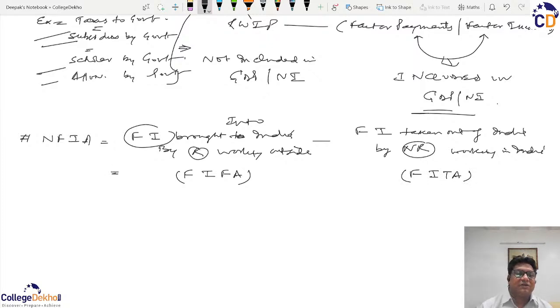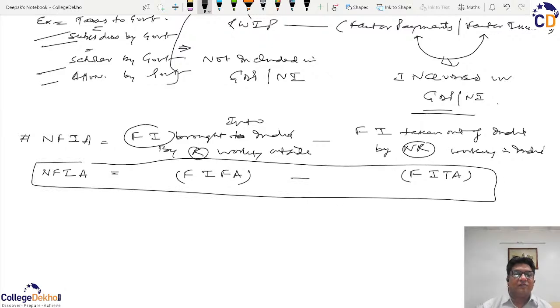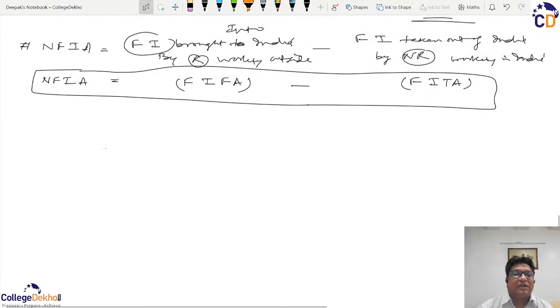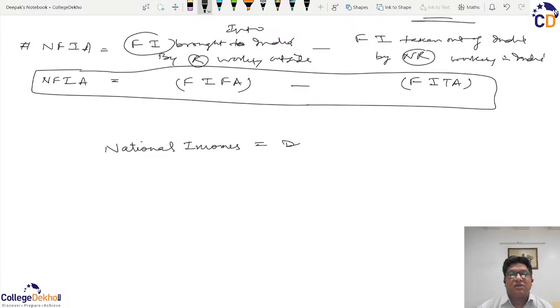So we always say that this net foreign income from abroad will be equal to FIFA minus FITA, and therefore when we calculate the national income, the national income focuses on the residents' income, whereas the domestic income focuses on the income or the value of the goods of the domestic territory, irrespective whether it has been generated by the residents or the non-residents.